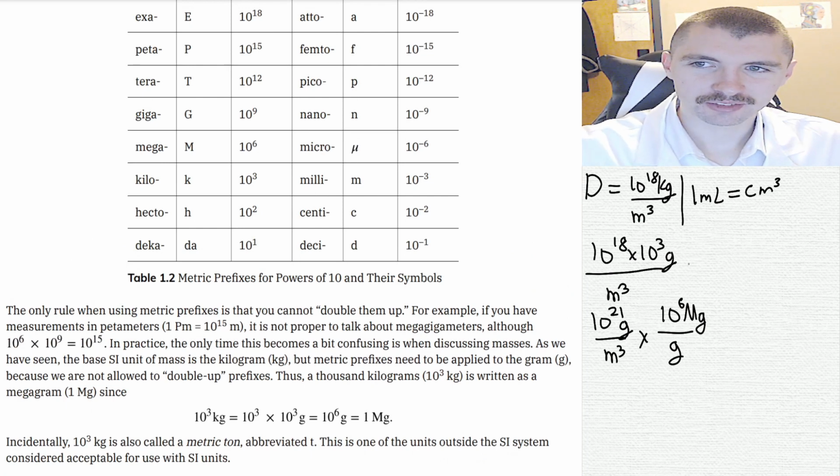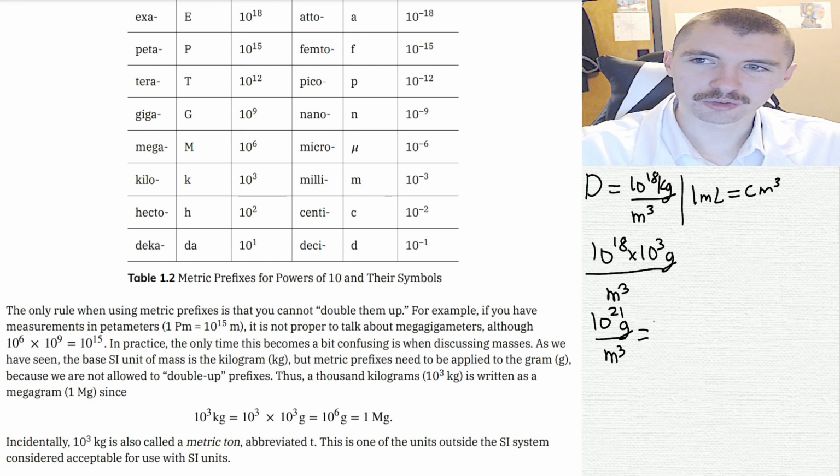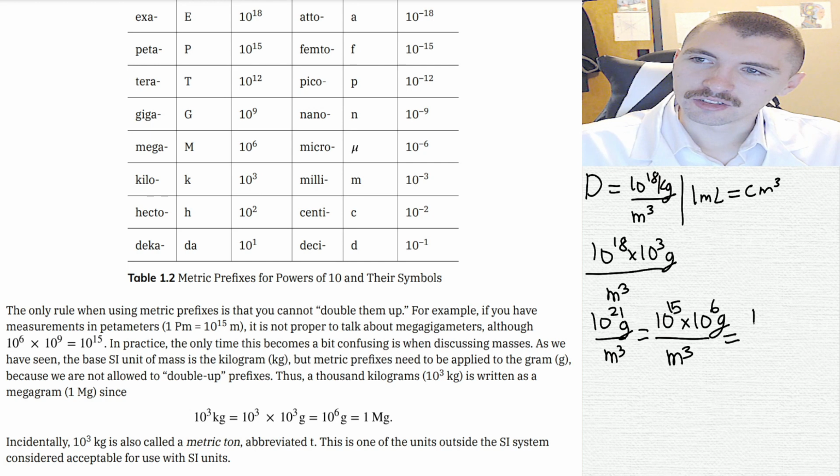Okay. So this is equal to 10 to the 15 times 10 to the 6 grams is 10 to the 15 megagrams.